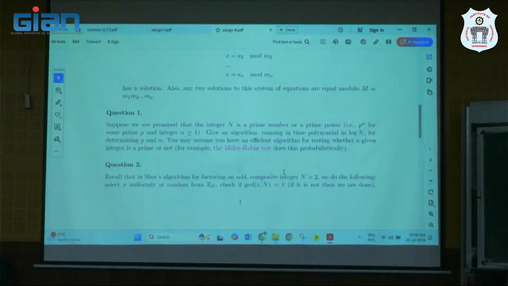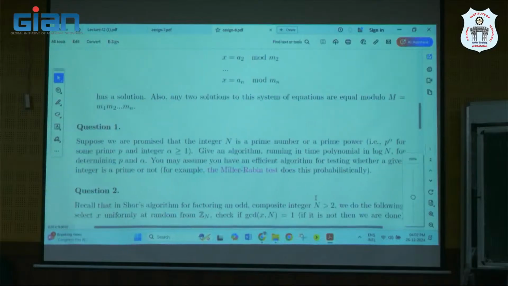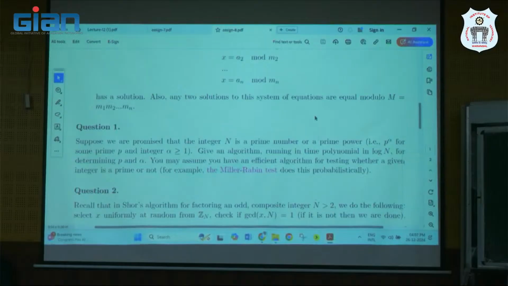Okay, this one. Suppose that we have promised that the integer n is a prime number or a prime power p to the alpha for some prime p and integer alpha. Give an algorithm running in time polynomial in log n for determining p and alpha.